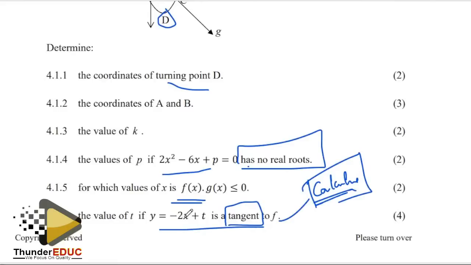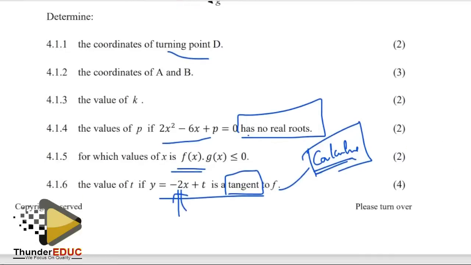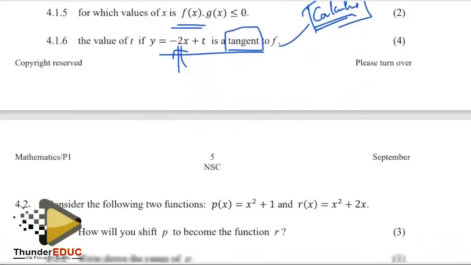They're telling us this is a tangent of f, but with this tangent, we can see that the gradient is clearly negative 2. So what you need, get the value of x where the gradient is negative 2. So find the first derivative of f, equate it to negative 2. So for x, get the value and substitute back into the original.